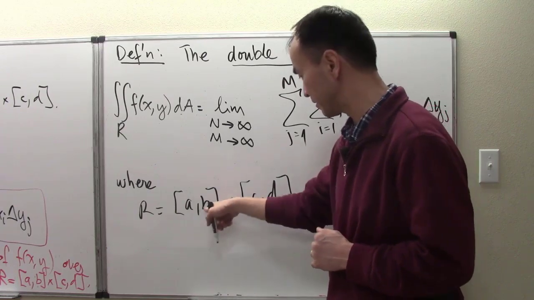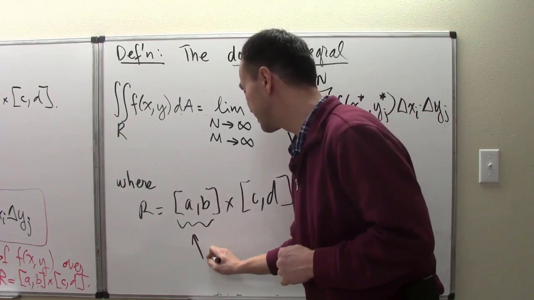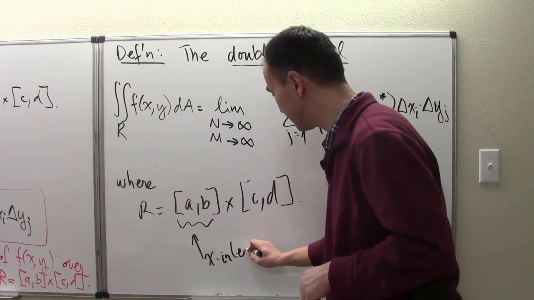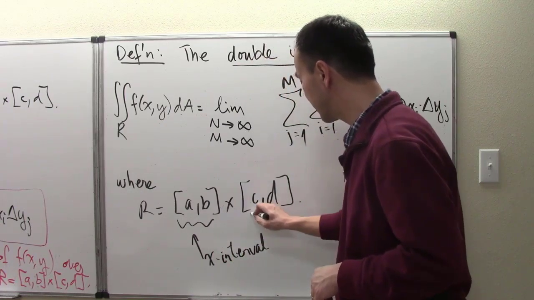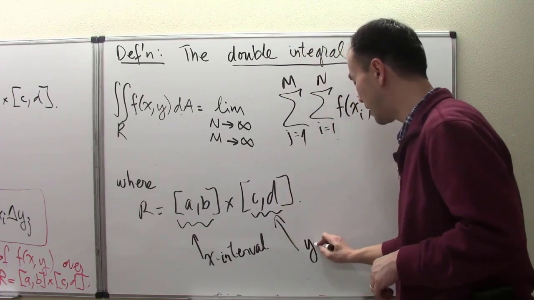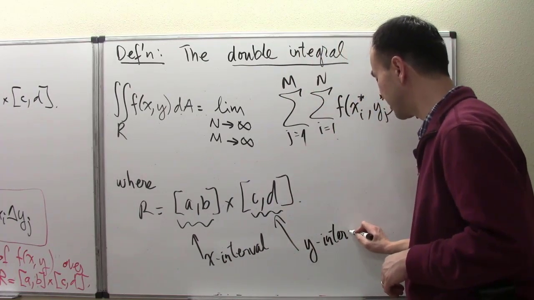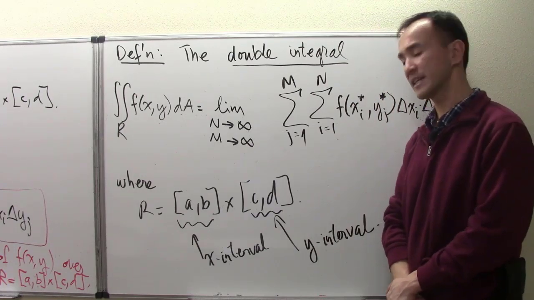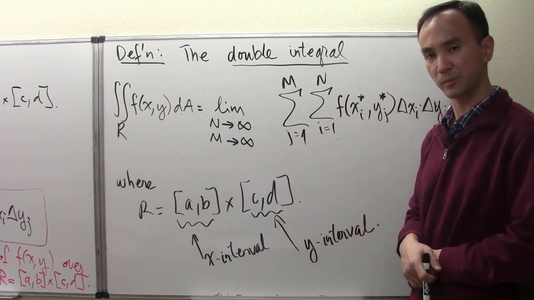And of course, allow me to go informal a little bit, a, b is the x interval, and this is the y interval, not intercept, interval. The interval on the x-axis and the interval on the y-axis, respectively.